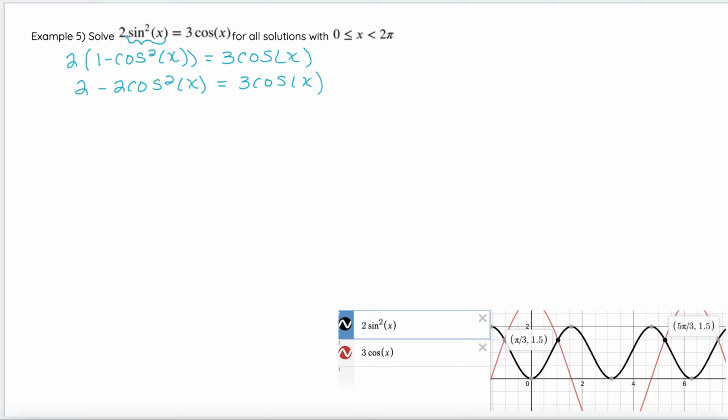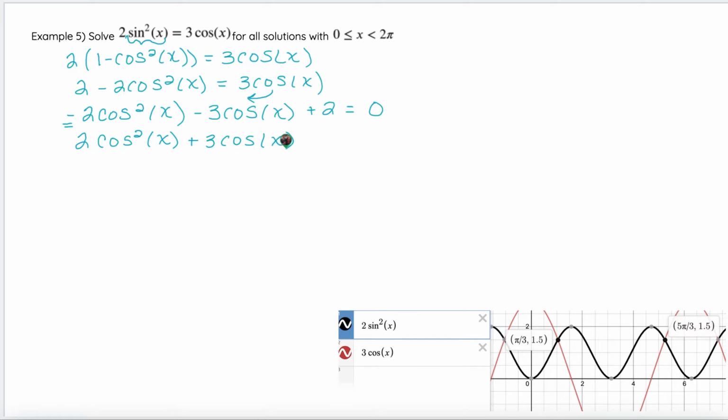Bringing everything to one side and rearranging so it's in descending order, easier for factoring: -2 times cosine squared of x minus 3 times cosine of x, if I bring it from the right side to the left side, plus 2 equals 0. Again, I've got that negative out front. Divide everything by -1 to keep it consistent. And then factor.